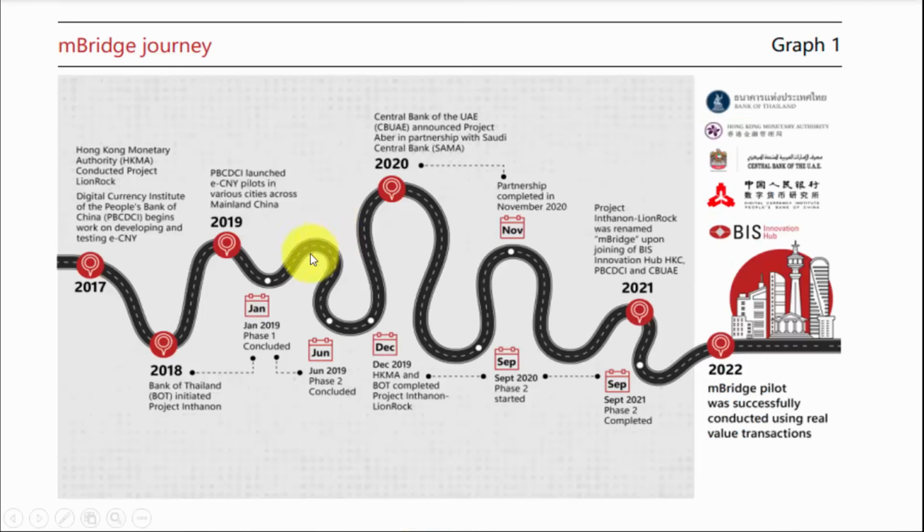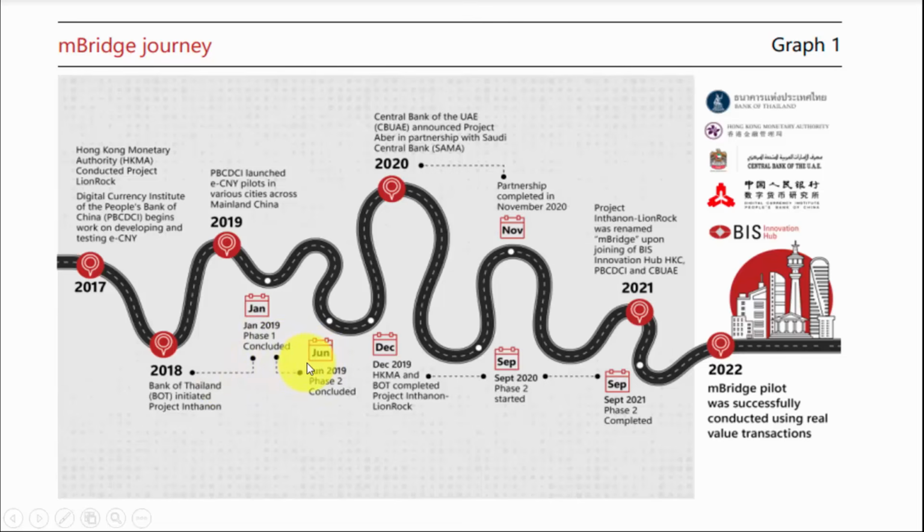So here is the mBridge journey. It started out in 2017, and then in 2018, the Bank of Thailand initiated the project, Project Inthanon. And what Project mBridge basically was, it was something that evolved over the years into becoming Project mBridge. So first it was a project in Inthanon, and then phase 2 was conducted in June 2019 of Project Inthanon.